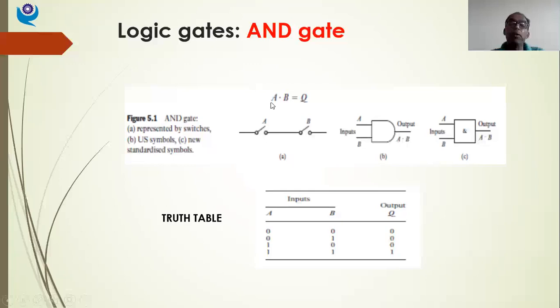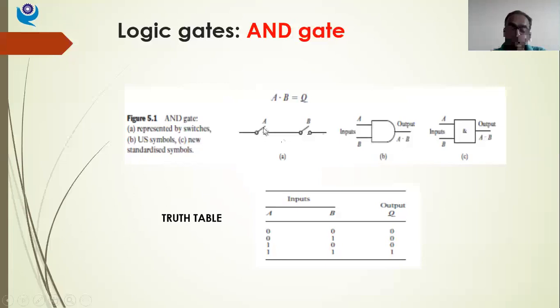So what is the logic equation? A dot B is equal to Q. So A and B are the inputs, and Q is the output. Please be attentive. So let us understand. If condition A is fulfilled and B is also fulfilled, then only there will be some output.